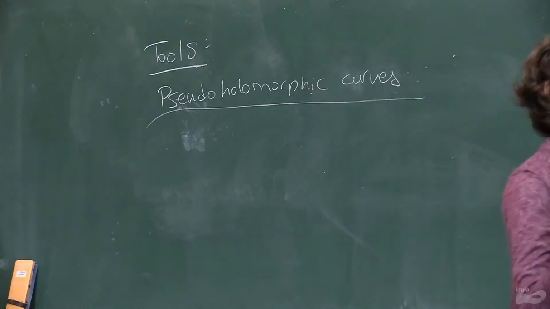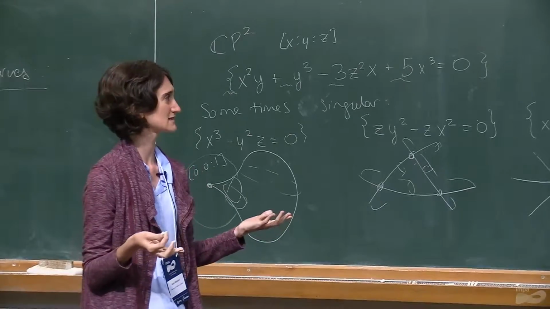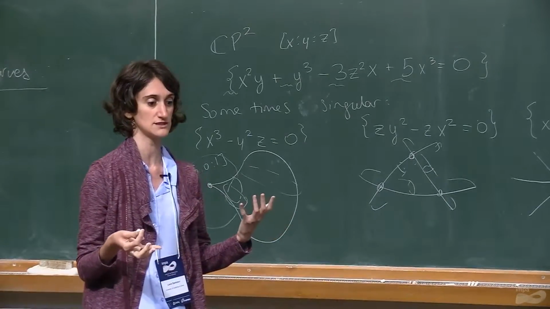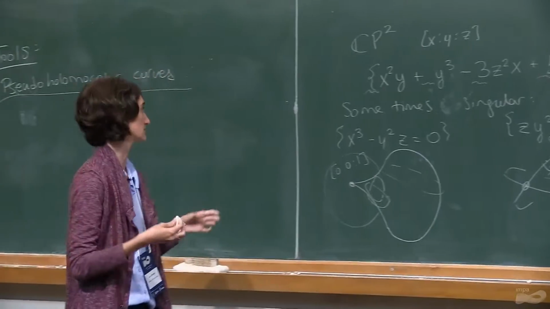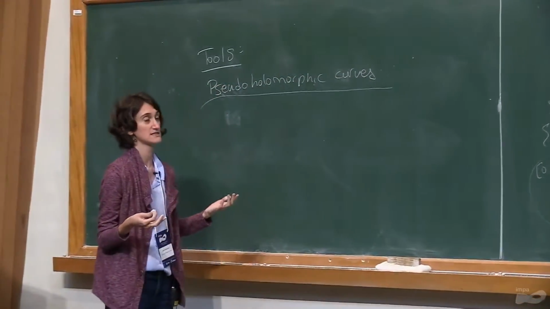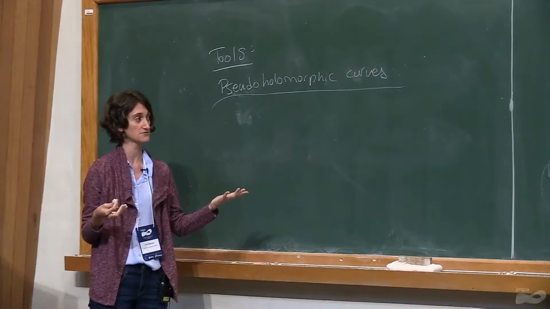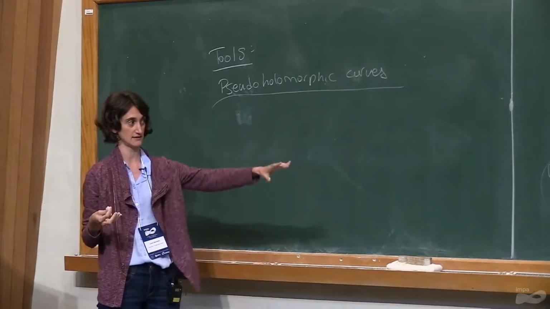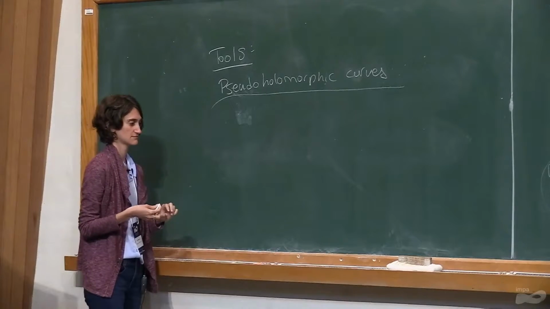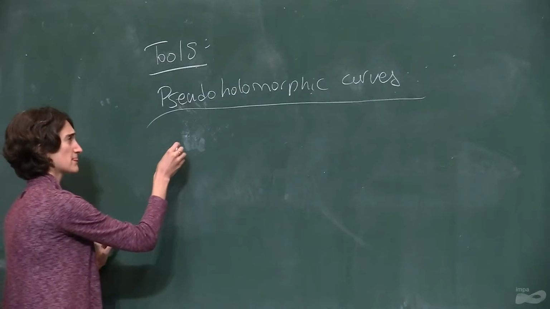You use pseudo-holomorphic curves for a lot of different things, but maybe I'll give you just a sketch of how Gromov used it to classify degree 1 symplectic curves, and then that will generalize a little bit.